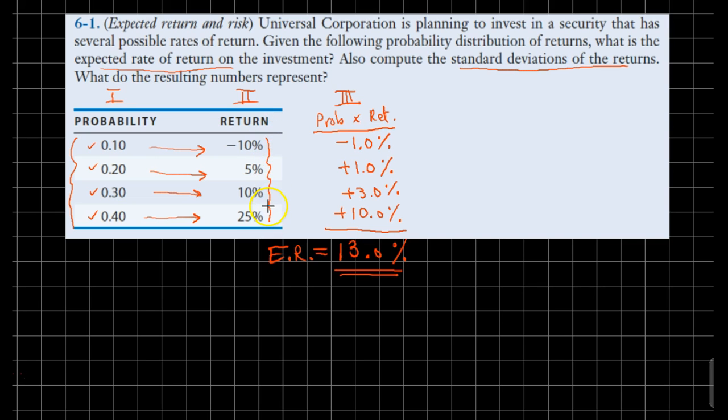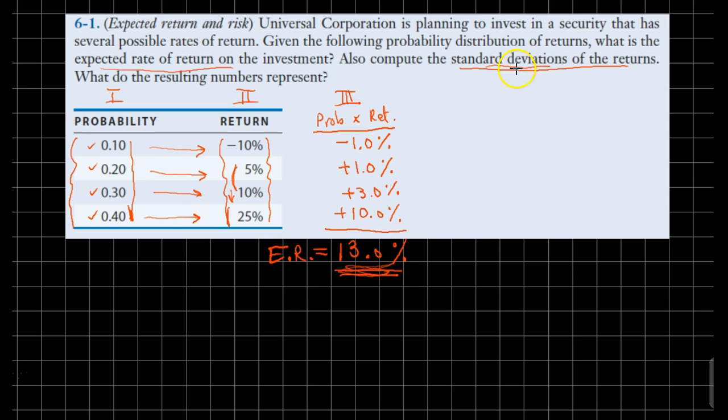We realize the probability distribution, so these are the probabilities and these are our various returns, and roughly the average of these numbers should be close to between 5 and 10%, you would say initially, but later on you realize that more weight is associated with this outcome here, so that tends to take your average closer to that number. In that case, the 13% that we just found is quite reasonable.